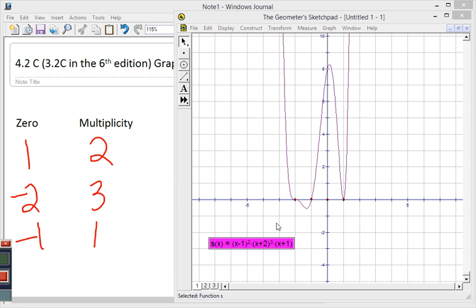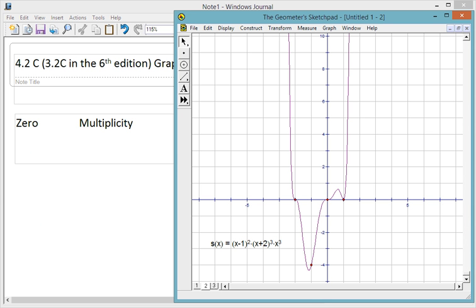You notice that 6 is an even number, and so it should go up on both ends. The end behavior should be up, up. So it goes up when you go to the left, it goes up when you go to the right. It almost looks like we're going straight up, but it really is going slightly over. That means it goes up really fast. With a 6th degree, it goes up really fast. Okay?